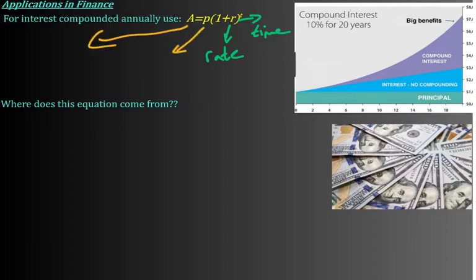You can think of A as just the end amount. The fancy word is accrued amount, A-C-C-R-U-E-D. The accrued interest is basically what you get after a certain amount of time at a certain rate in an account. It's just your end amount.